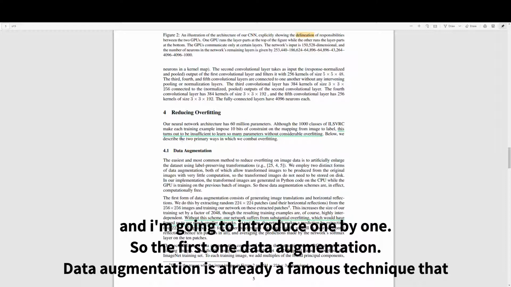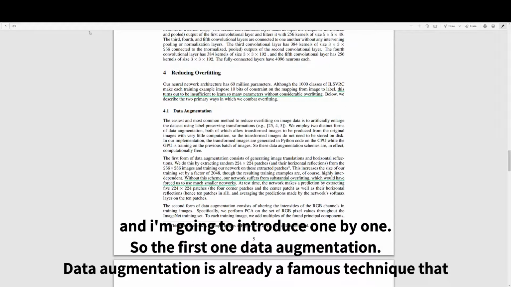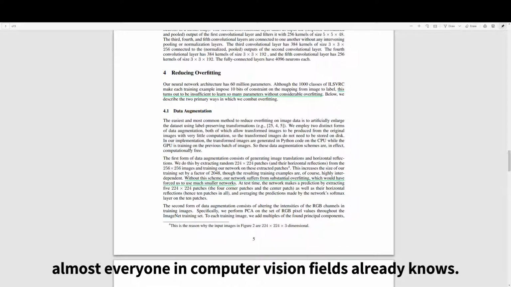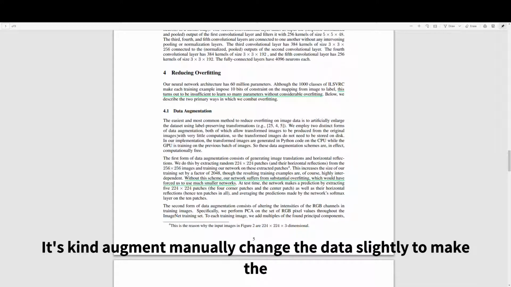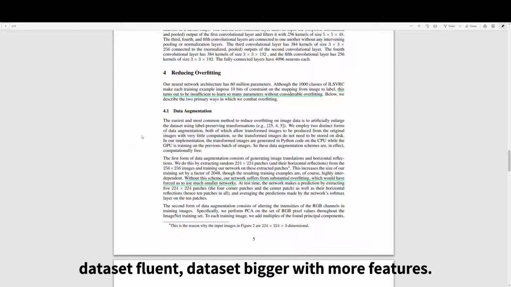The first one is data augmentation. Data augmentation is already a famous technique that almost everyone in the computer vision field knows. It manually changes the data slightly to make the dataset bigger, with more features.